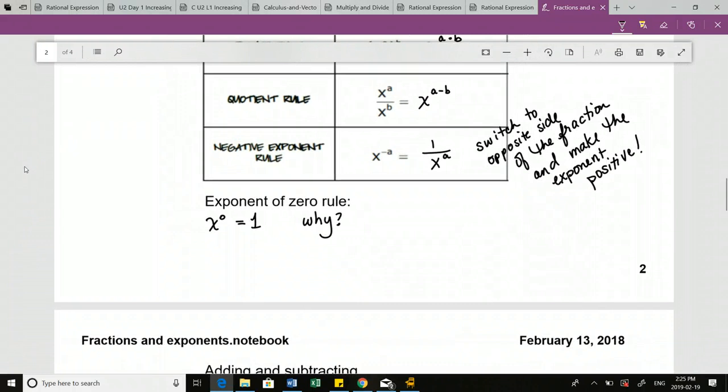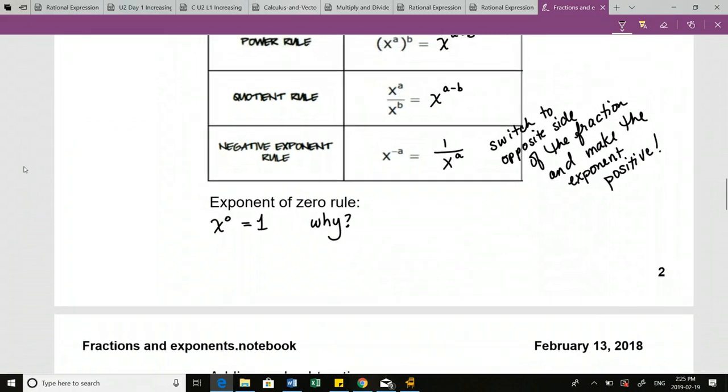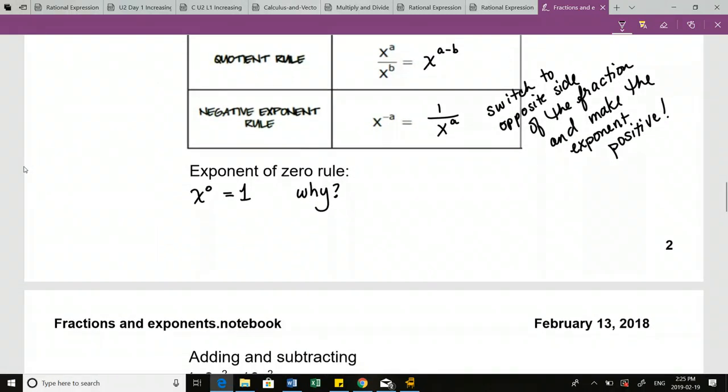Well, there's one way that we can prove this that will help us understand why this is true. So I can actually use the quotient rule to help me prove this. So x to the exponent a over x to the exponent a. On one side, I can keep the base and subtract the exponents, right? a minus a, and then I'll get x to the 0, right?